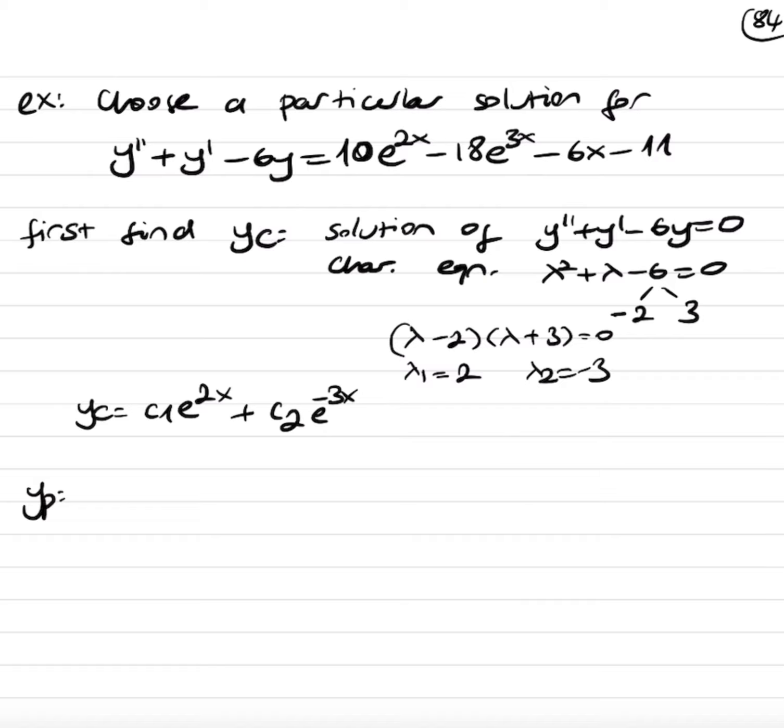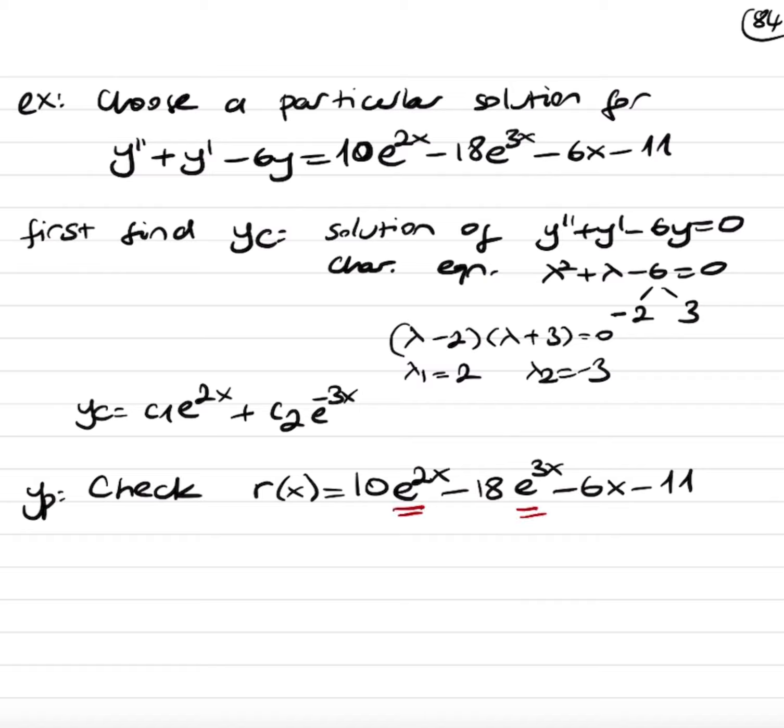And now we check r of x. It is 10 e to the power 2x minus 18 e to the power 3x minus 6x minus 11. So we check if this is contained in y complementary.